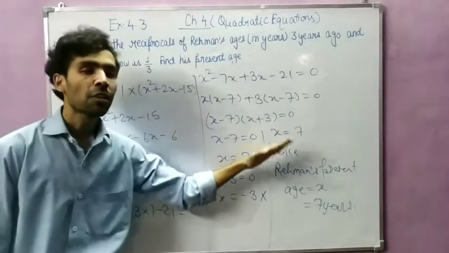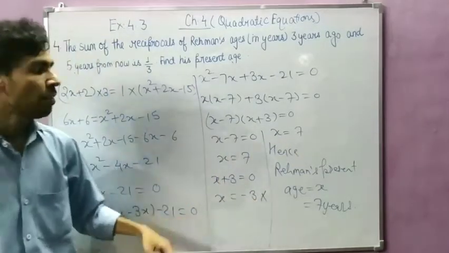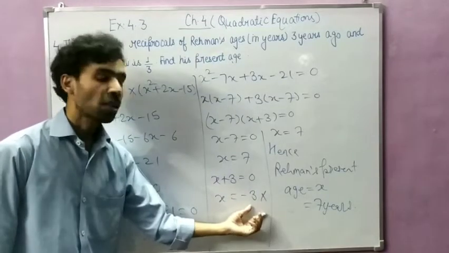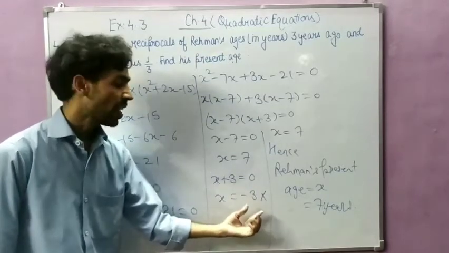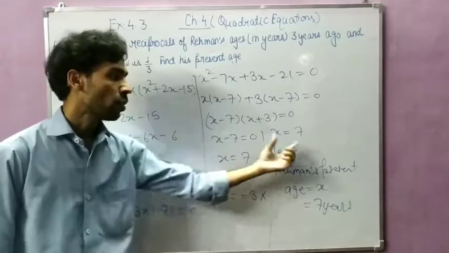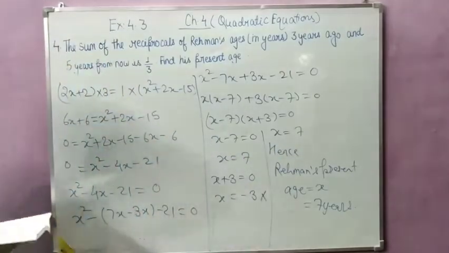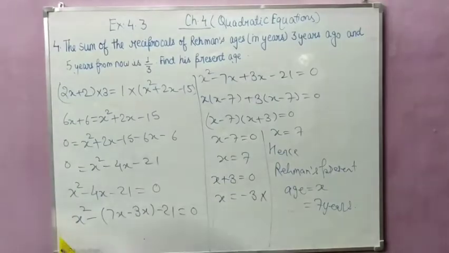So we made the equation and solved. After that we got the two values of x, one is 7, one is minus 3. Minus 3 we cannot take because age cannot be negative. So x equal to 7, hence Rahman's present age is 7 years. So this way we have finished our question number 4.